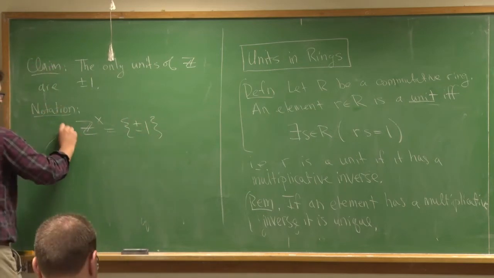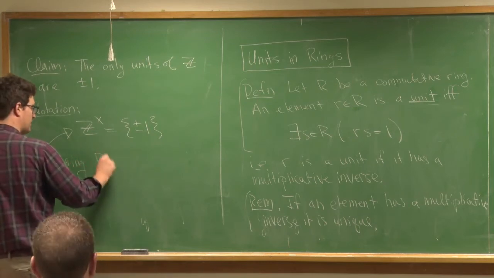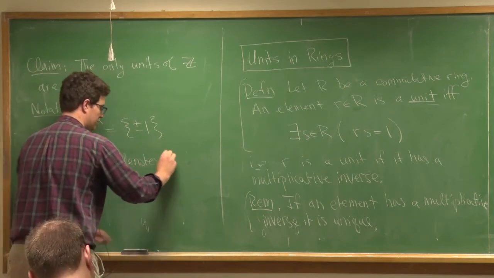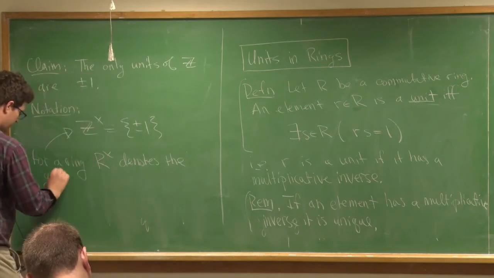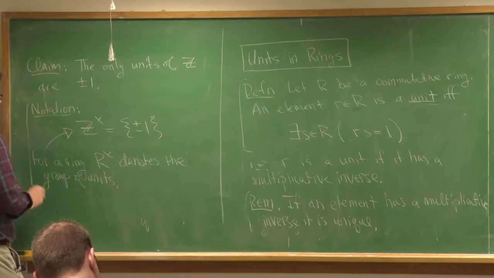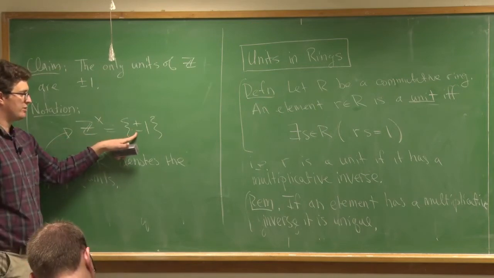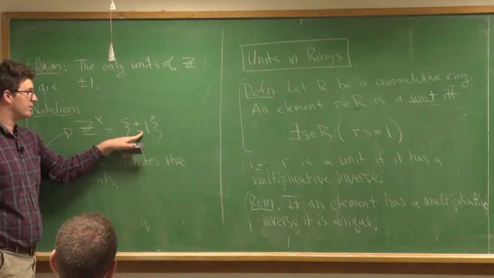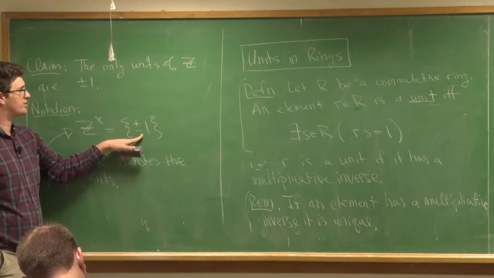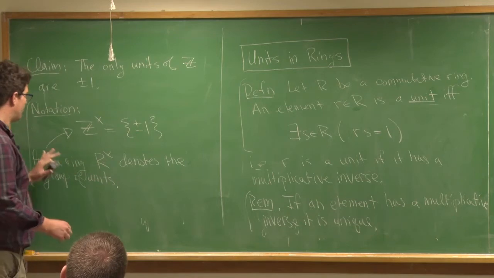In general, for a ring R, R star denotes the group of units. So this is the units of Z, and this is saying the only two elements are plus or minus 1. When you write plus or minus 1 like this, it's really two things, plus 1 and minus 1. This is a cheap way of writing the set containing plus 1 and minus 1. Does that make sense? Okay, let's do the proof.